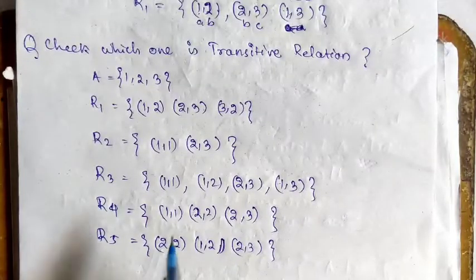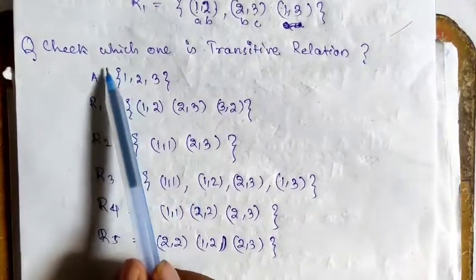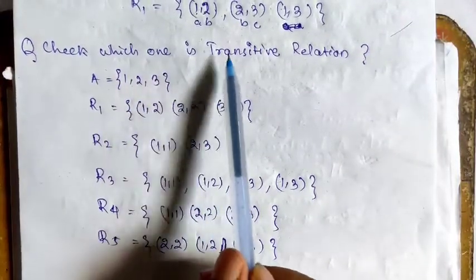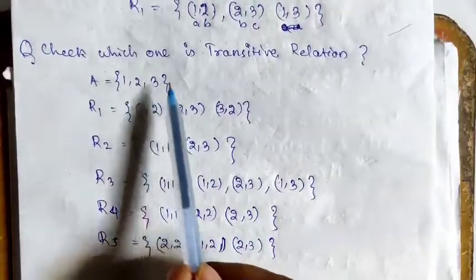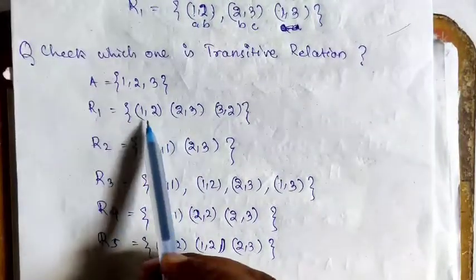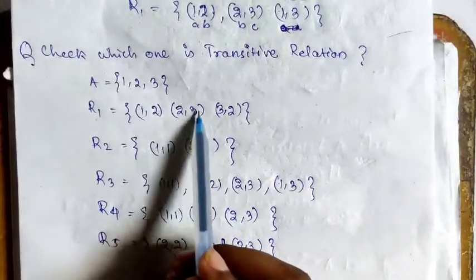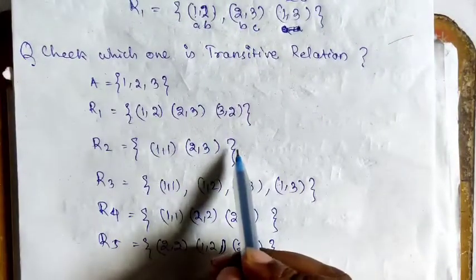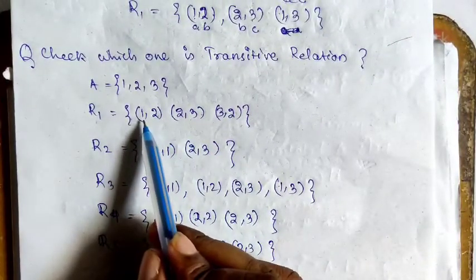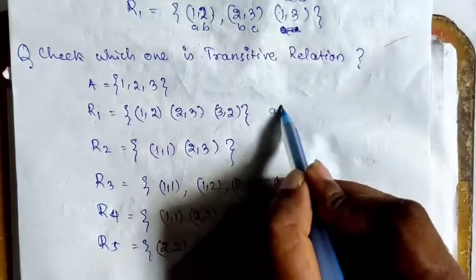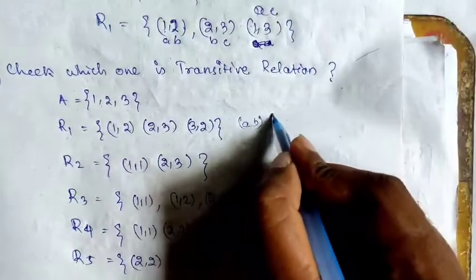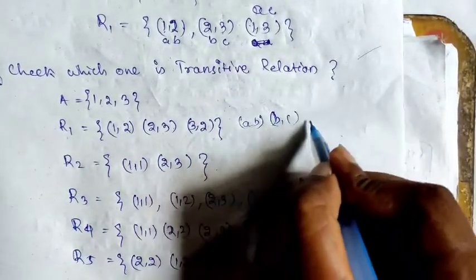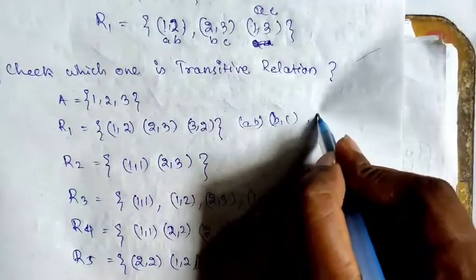Let's do some questions. Check which one is a transitive relation. Set A has elements 1, 2, 3. Relation 1 has order pairs 1, 2, 2, 3 and 3, 1. First we have to check. It is in the format AB, BC and CA.